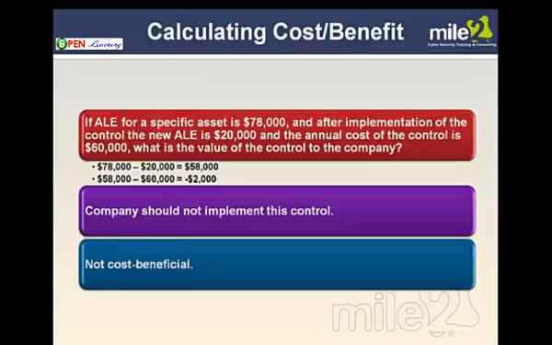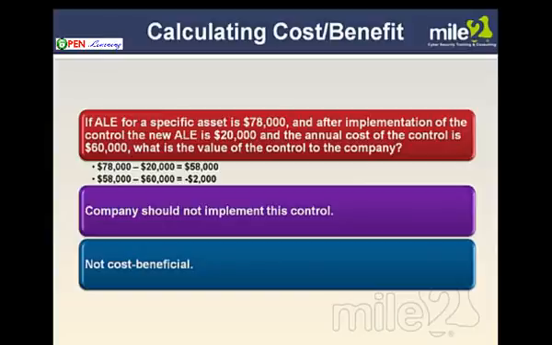So if an ALE for a specific asset is $78,000, and after the implementation of the control the new ALE is $20,000, and the annual cost of the control is $60,000, what is the value of the control to the company? You'd have to plug in the values, and you may find that you simply should not implement the control because it was not cost beneficial.